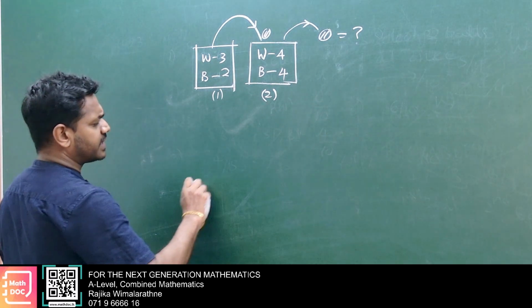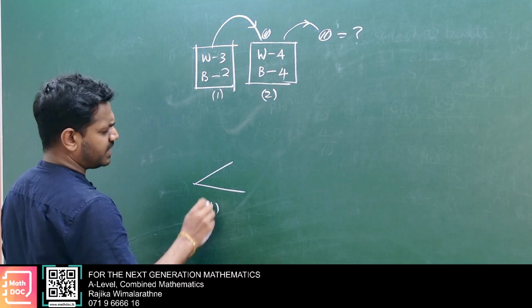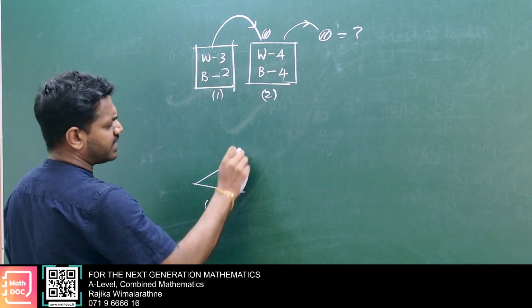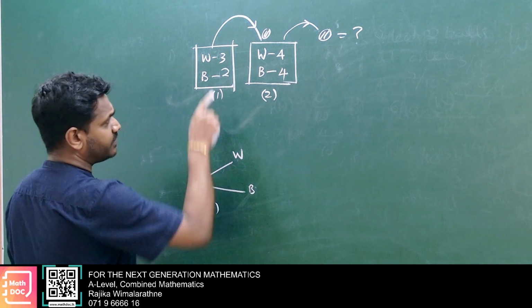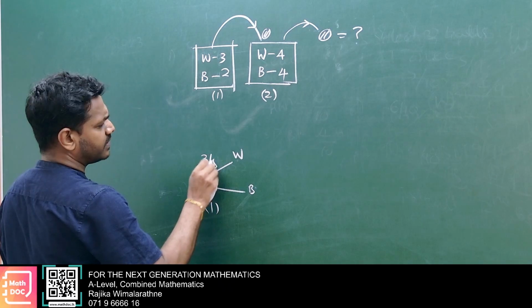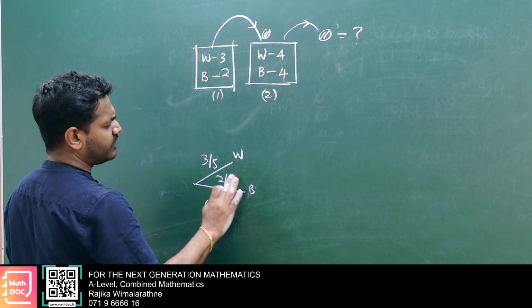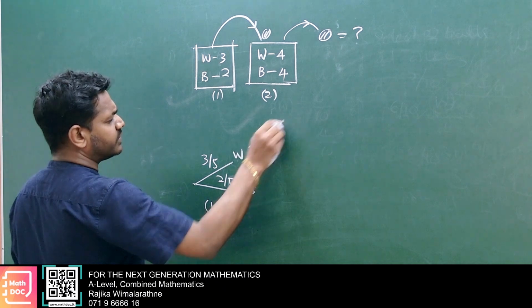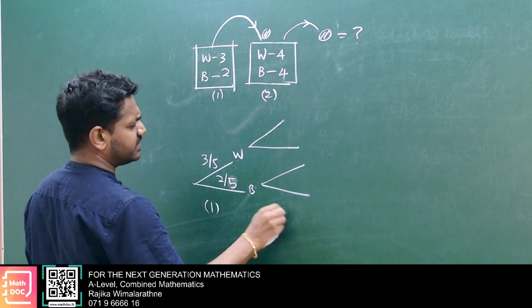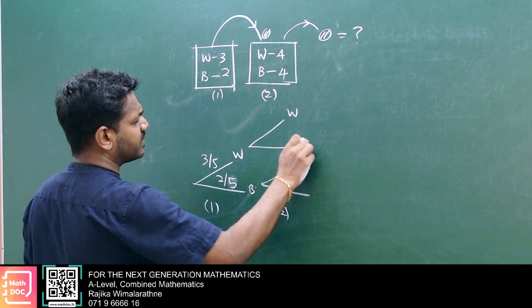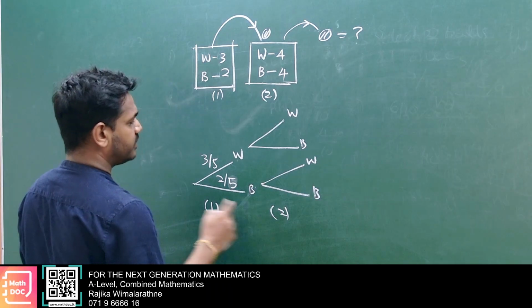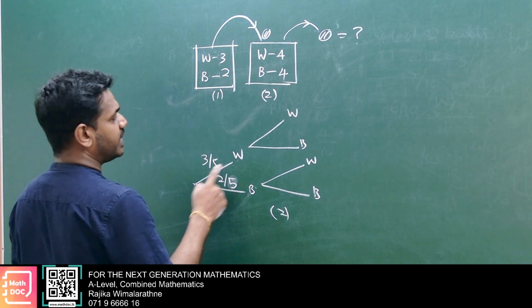So here the tree diagram now. Here first bag, white or black. So white possibility 3 over 5, black possibility 2 over 5. Now go to second bag selection. That also white or black. Now I have taken a white ball.